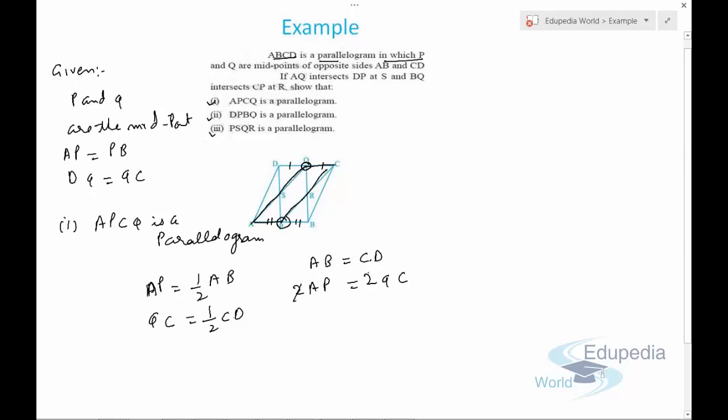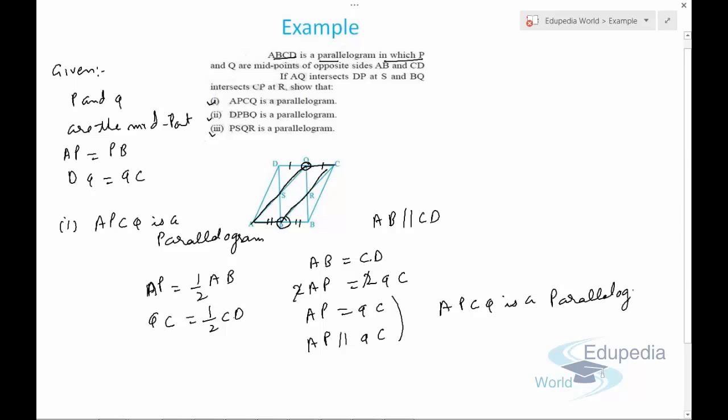The 2s get cancelled, so AP equals QC. And since ABCD is a parallelogram, AB is parallel to CD, so AP is parallel to QC. Now one pair of sides is equal and parallel, so APCQ is a parallelogram. This is the first part.